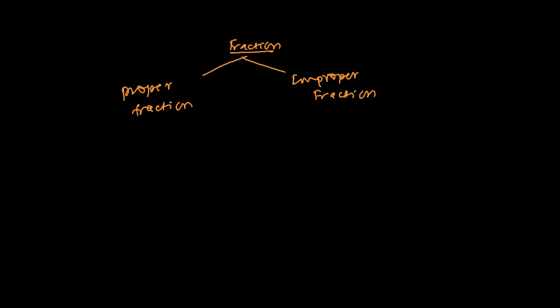So what is this proper fraction and what is this improper fraction? I already told you the fractions that we are dividing into the two sections is based on the fraction which shows a number less than 1 and more than 1. So proper fraction means those fractions which represent less than 1.